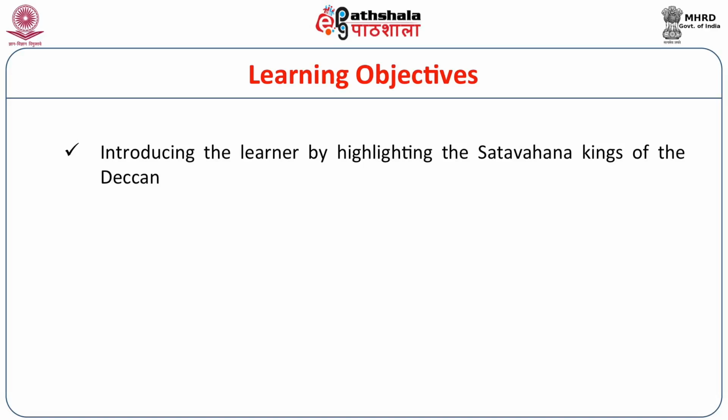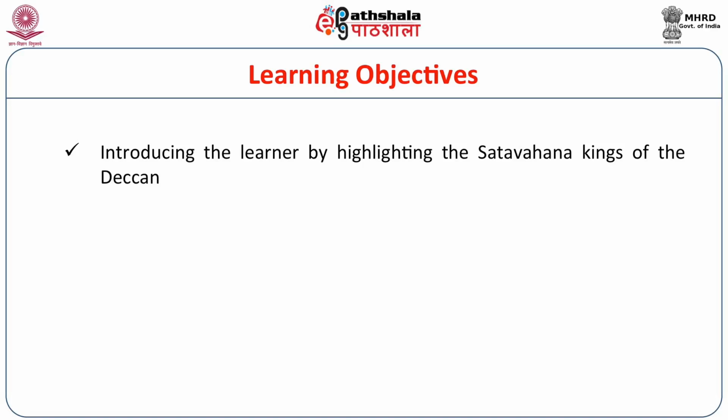highlighting the Satavahana kings of the Deccan, because in every case in early India, whenever we try to understand any economic activity, it was managed or operated by, it was conducted by those people under a certain political dynasty, certain ages.